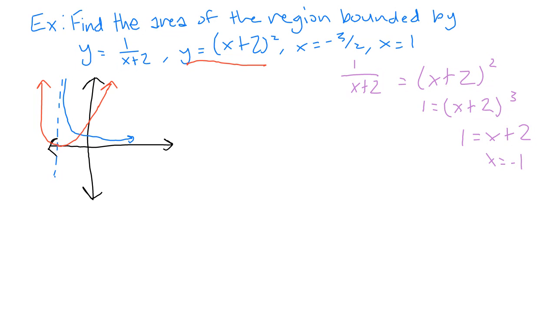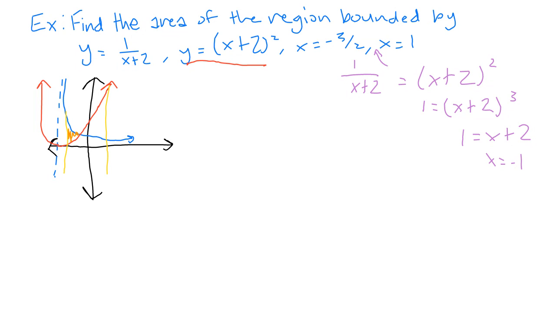So we can see that's going to fall in between our two bounds, so we are going to have to break this up. If we draw our bounds right here, we're going to have our x equals 1 right here, and our x equals negative 3/2 right here. So we can see we're going to have two different areas that we have to look at.